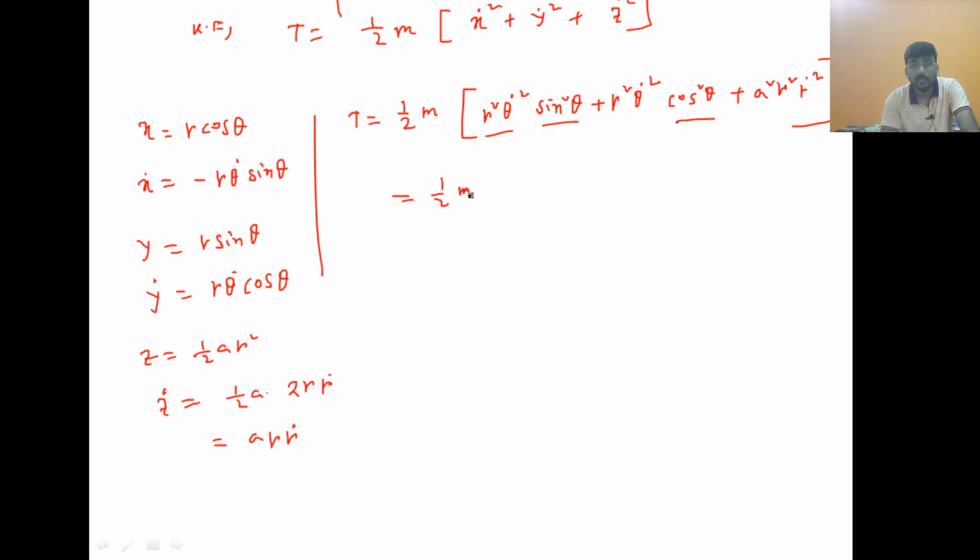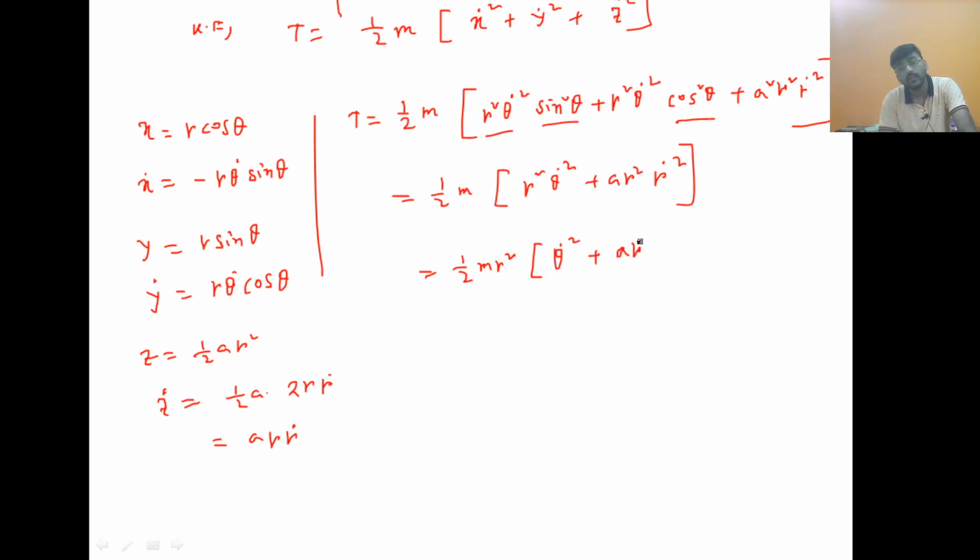So it will be half m into r square theta dot square plus a square r square r dot square. From here we can take common r square also. So it will be half m r square into theta dot square plus a square r dot square.